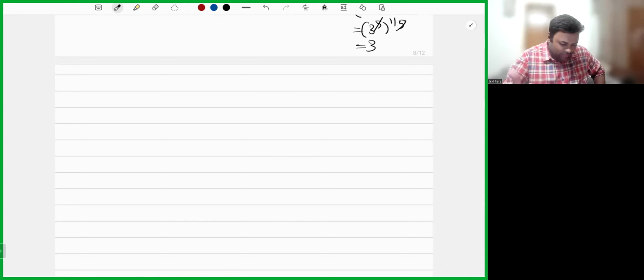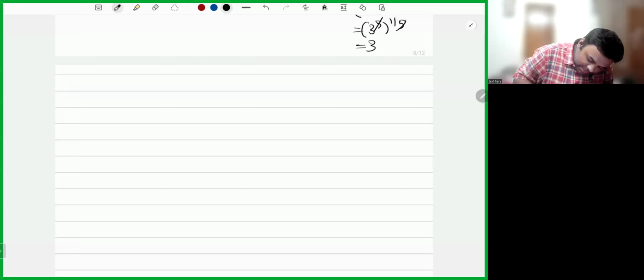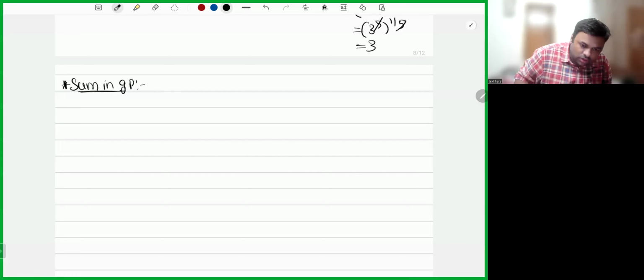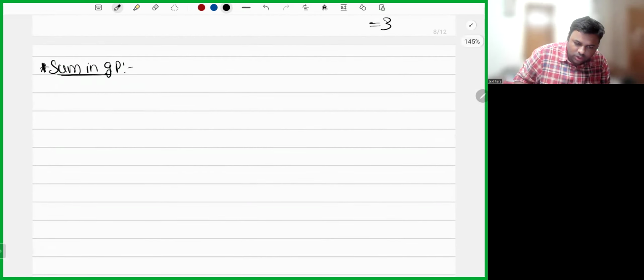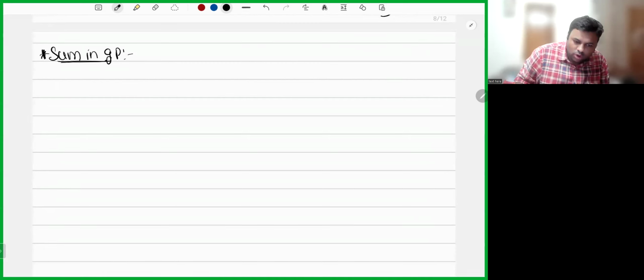I hope, Geeta, you have completed the time value of money. Vaishnav, please look into that. Yogita, you are also saying that you completed time value of money, right? So make sure that you complete it. Now, how to calculate the sum in GP? Perfect. Geeta and Yogita, did you both complete time value of money?